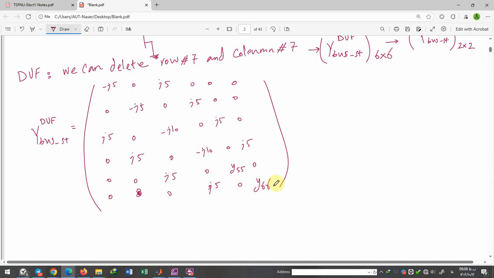The row number 7 and column number 7 is deleted.